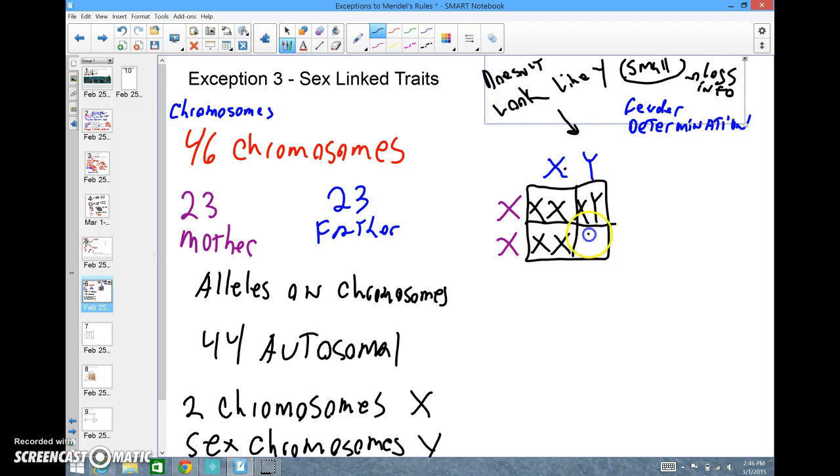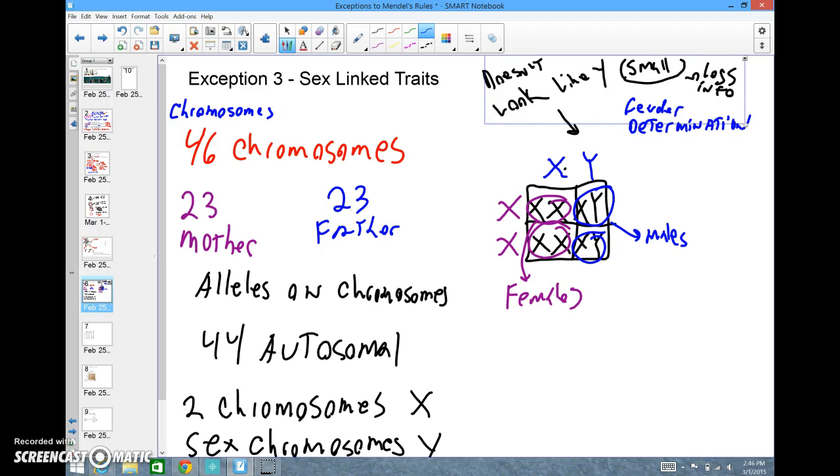That would give me XY. Here I would take the X from the mother and the Y from the father, and that gives me XY. So here and here I have females, and here and here I have males.